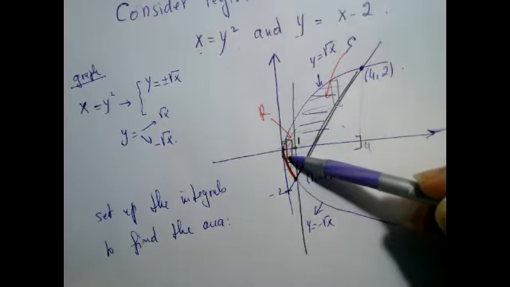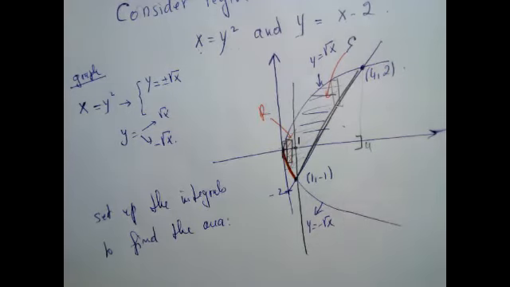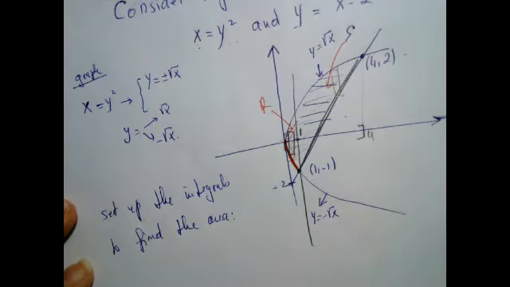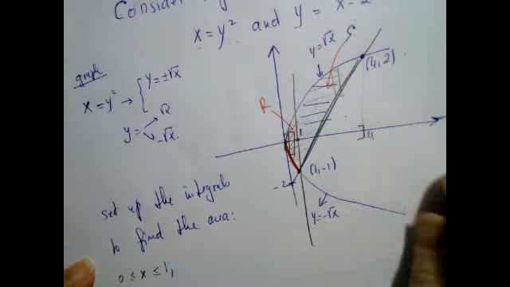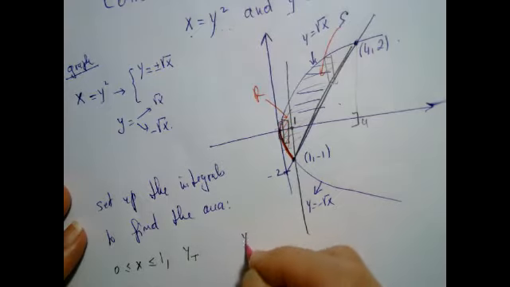If I look at my rectangle, the top is always the same, but the bottom is changing. Now let me analyze that carefully. If x is between 0 and 1, what is my top curve, and what is my bottom curve?